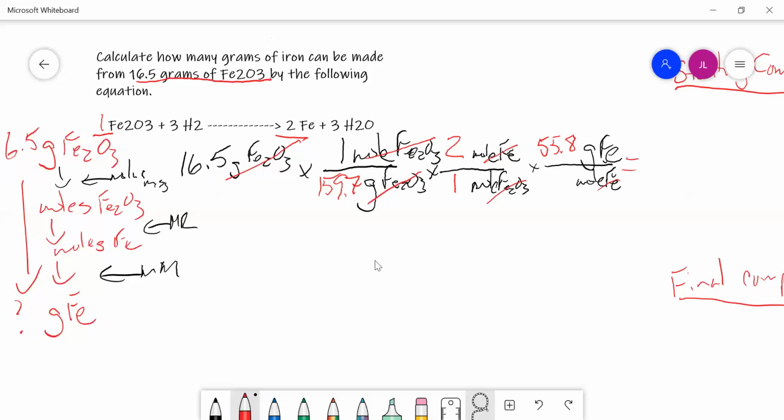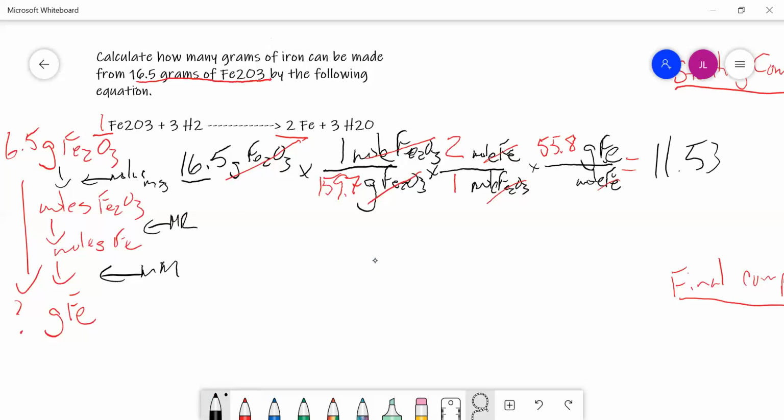We plug this into our calculator and we end up with 16.5 divided by 159.7 times 2 times 55.8. That's really how I plug it into my calculator. It gives us a final answer of 11.53033, something like that. But we look back at our sig figs.